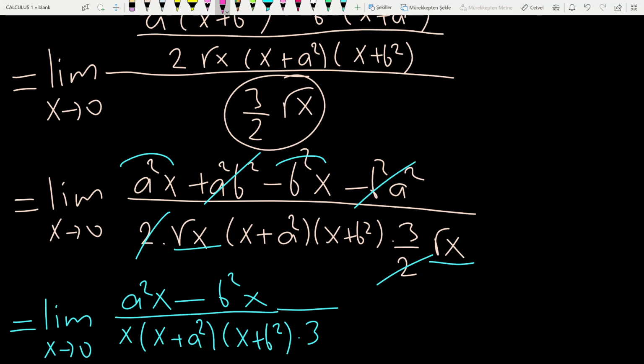You also can cancel all these x's. Here finally, when x tends to 0, this goes to 0, and this one also goes to 0. Finally you have a square minus b square in the numerator. In the denominator you have 3 times a square times b square.